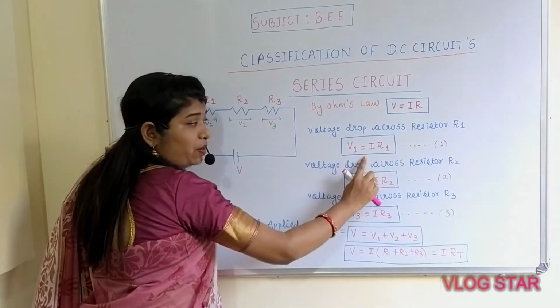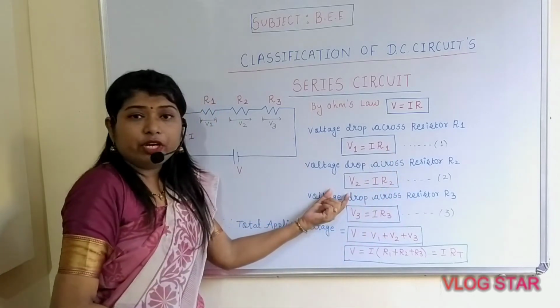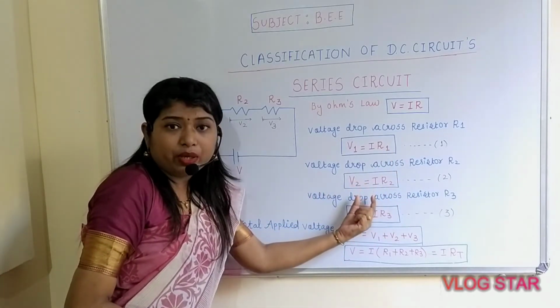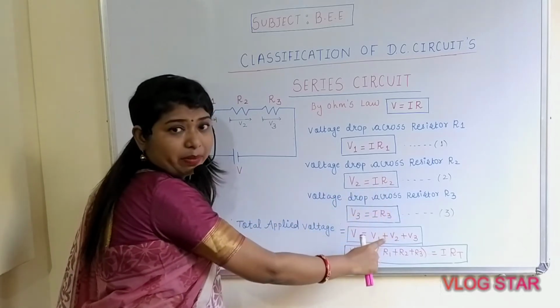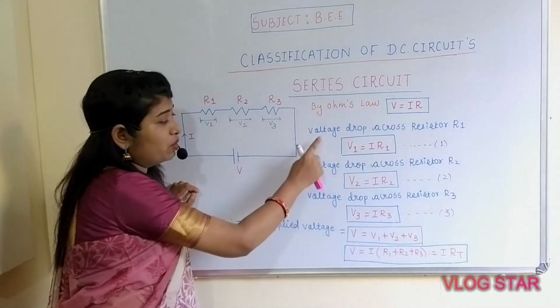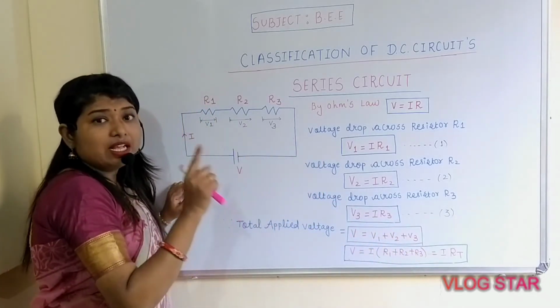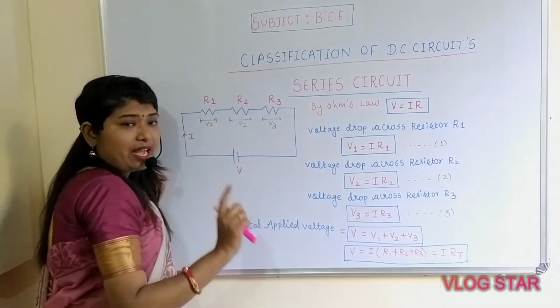So V1 is equal to I into R1. Am I right? So V2 is nothing but I into R2. What is V3? V3 is nothing but I into R3. I hope you have understood how to calculate the voltage drop across resistor R1, resistor R2 and resistor R3.